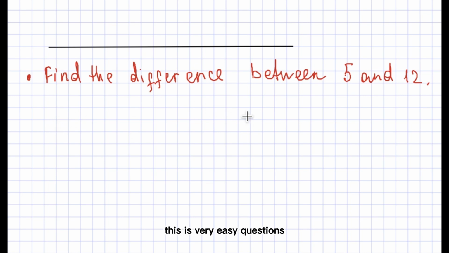Okay, this is a very easy question as we learn it from preschool, kindergarten, in grade 1. We continue this topic. We know that to find the difference between 5 and 12, 5 is here, approximately I will take, guys, 12 is here, so the difference between them is 7.